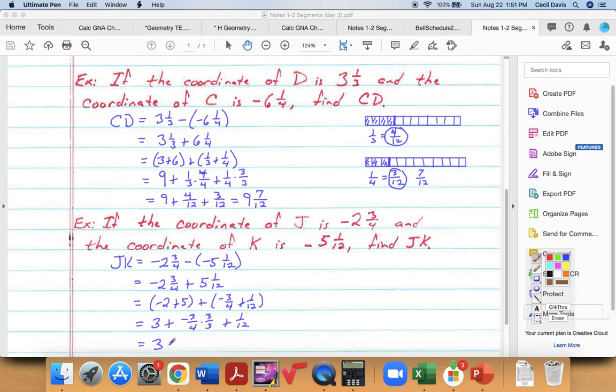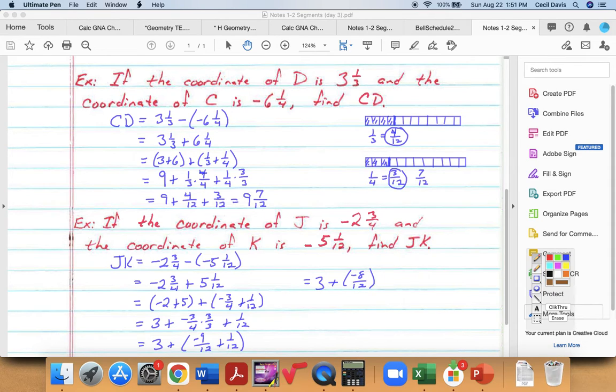This is 3 plus a negative 9/12 plus 1/12. So that's 3. Negative 9 plus 1 is negative 8. So that's plus negative 8/12.